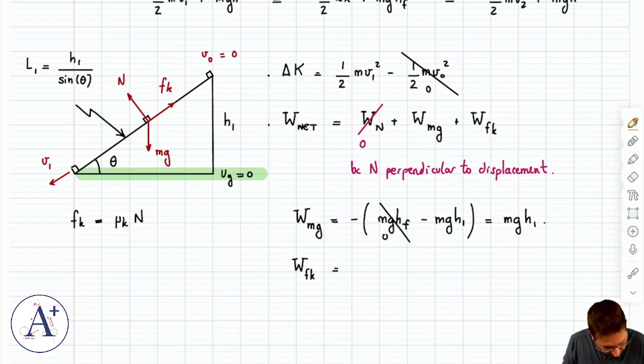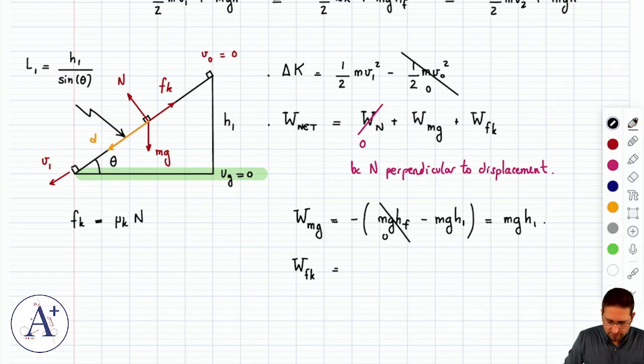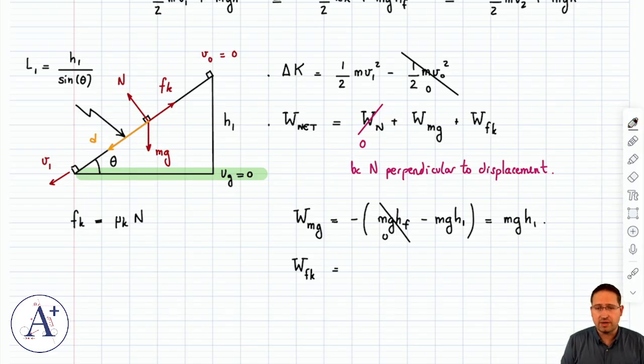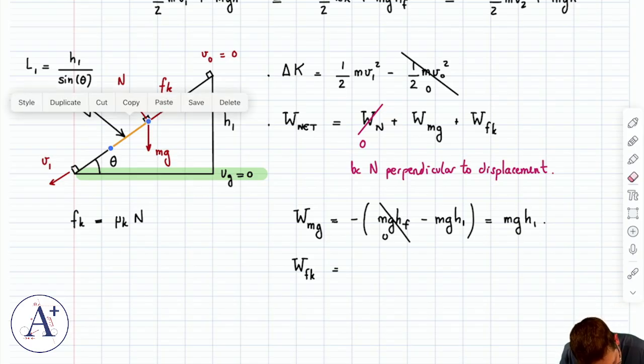So my displacement is this way, and you could call it d, just for displacement. And Fk goes the other way. Now it's a force that's constant in magnitude and direction.